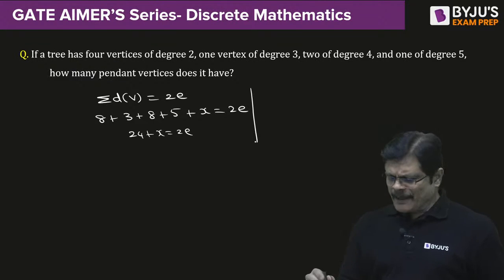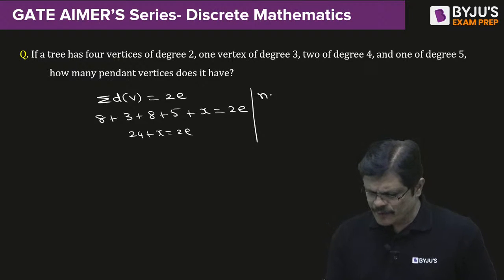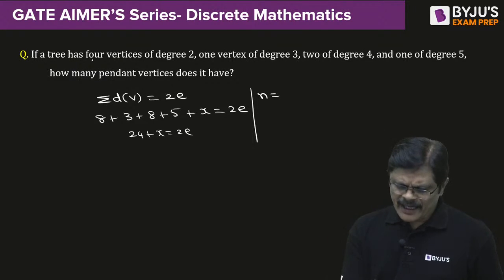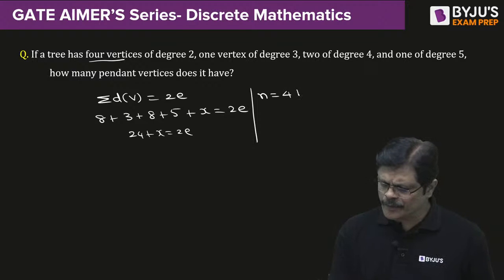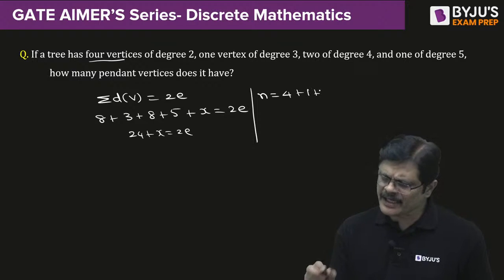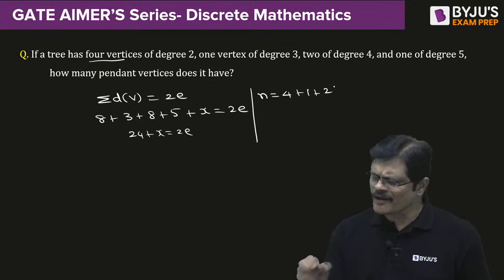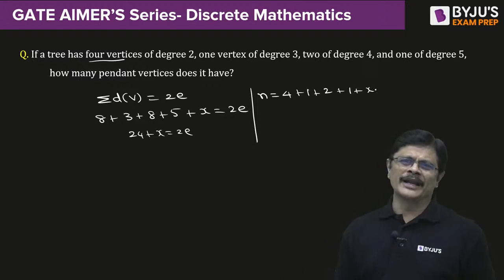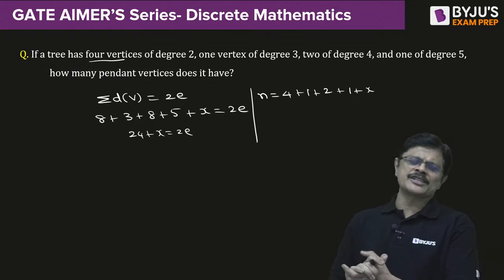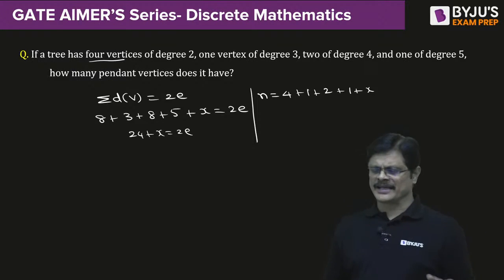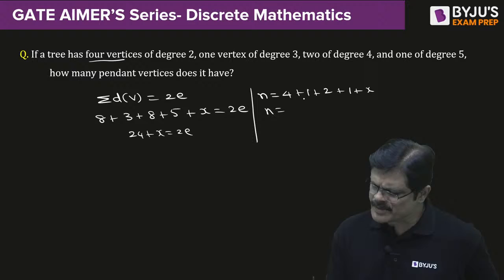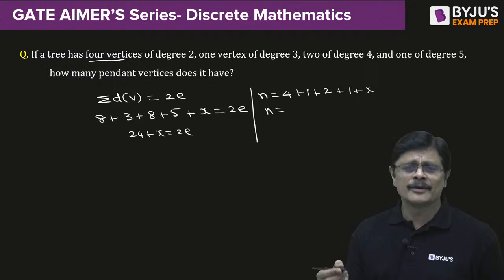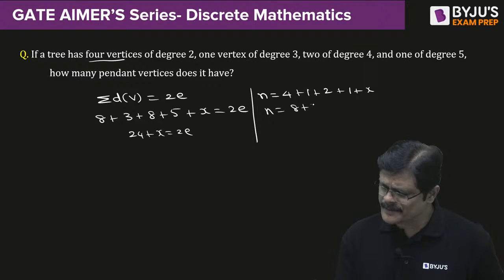Now, for the number of vertices: there are 4 vertices of degree 2, 1 of degree 3, 2 of degree 4, 1 of degree 5, and the remaining of degree 1. We do not know how many vertices of degree 1 there are, so let us call it x. The number of vertices is 4 plus 1 plus 2 plus 1, that is 8, plus x.